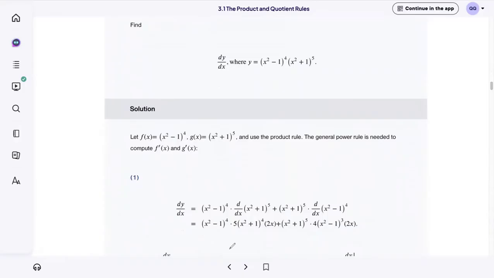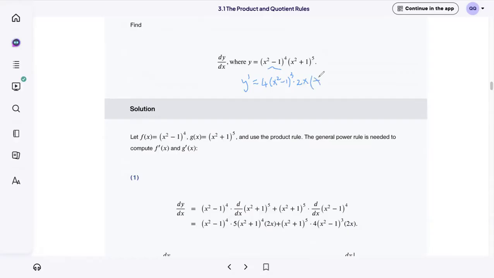Let's see this one. So the y prime should be derivative of the first one, which is 4 times x squared minus 1 raised by 3, then multiply by the derivative inside, which is 2x. That's the derivative of the first one.